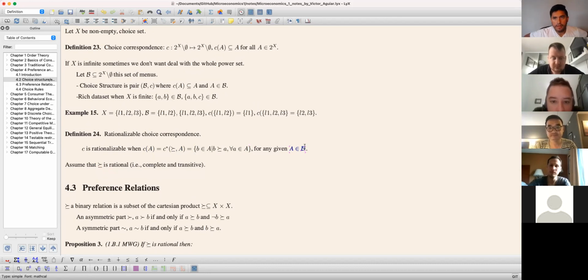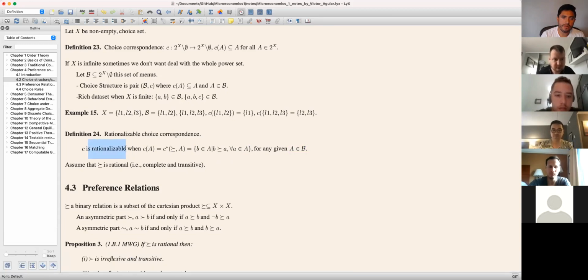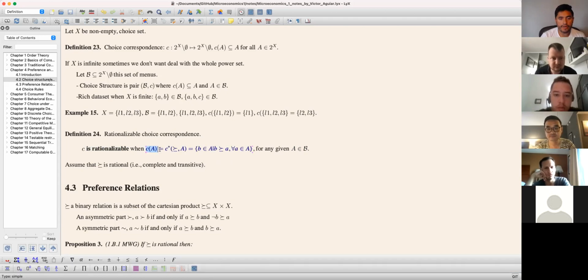Everyone is fine? Okay, so that's a definition. I call C a rationalizable choice correspondence. This is the property I'm defining whenever something happens, and what happens here is that I require that C of A, the choice data, is equivalent to the set of maximizers according to this preference relation in this menu.